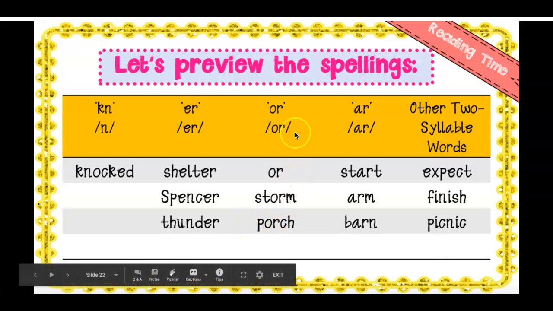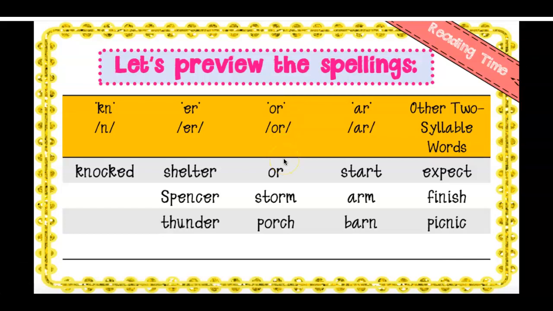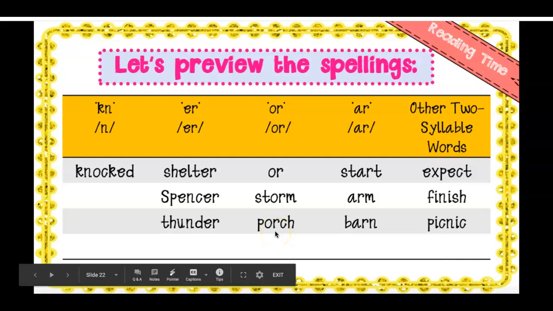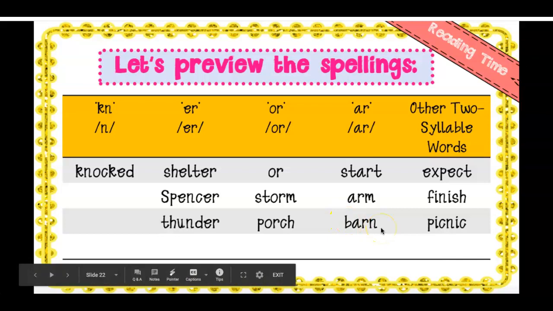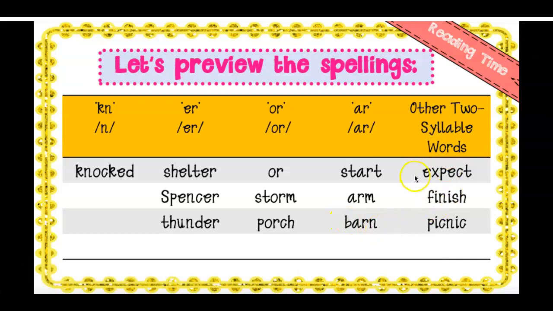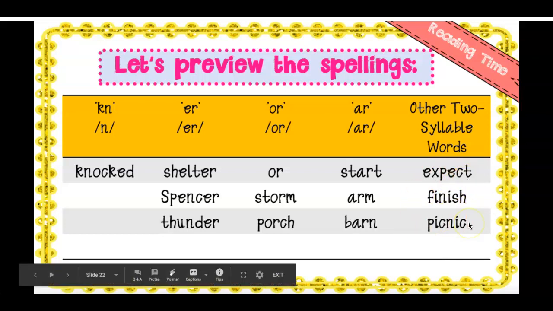The or sound, spelled with the letters O-R, in the words or, storm, and porch. The ar sound, spelled with the letters A-R, in the words start, arm, and barn. We have other two-syllable words, which are expect, finish, and picnic.